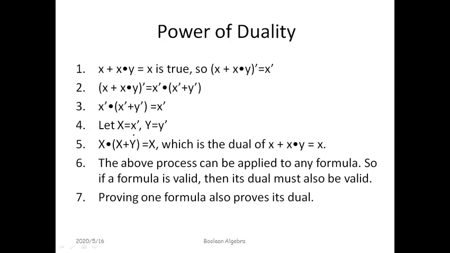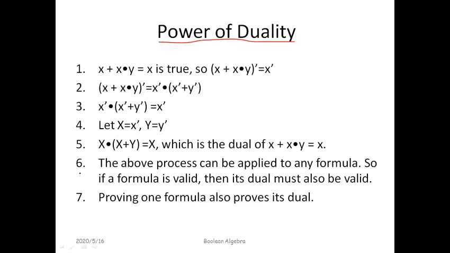All these other properties indicated down this side are simply trying to demonstrate how else we can apply the power of duality. Otherwise, there is nothing complex about these statements.